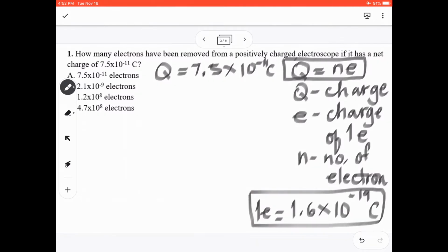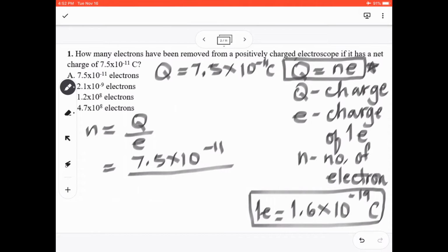We're going to look for N. From this equation, N is equal to Q divided by E. So substituting, we will have Q as 7.5 times 10 raised to negative 11 coulombs divided by 1.6 times 10 raised to negative 19, and you will get the value using your calculator of 4.7 times 10 raised to positive 8 electrons.